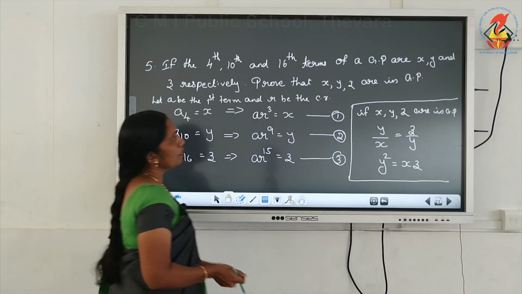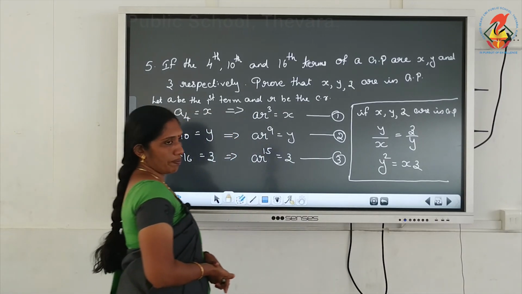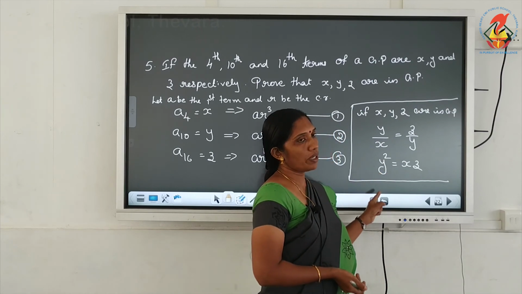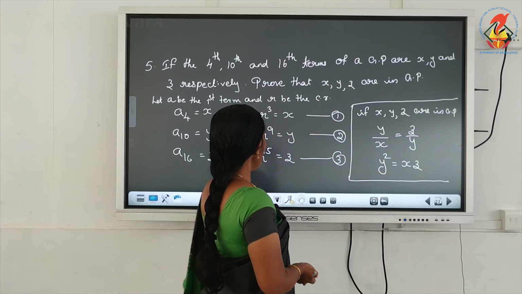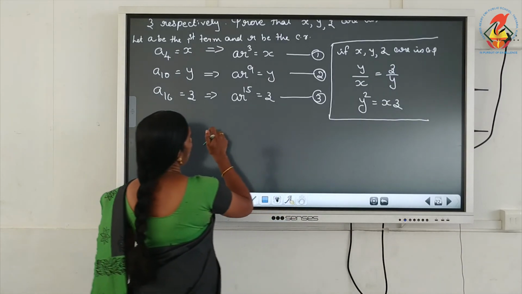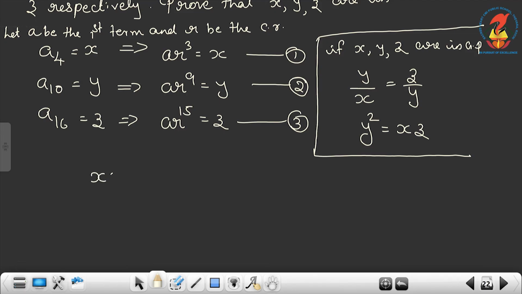We have to prove x, y, z are in GP. That means we have to prove y square is equal to xz. Is it satisfied here? What is y square and xz? x into z, that is multiplying 1 and 3: ar cubed into ar raised to 15, that is a square r raised to 18.